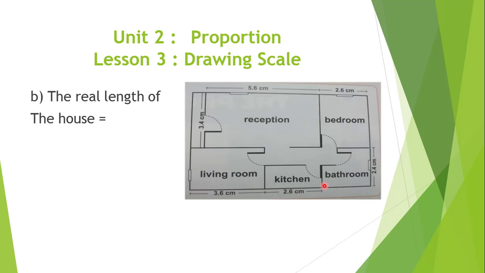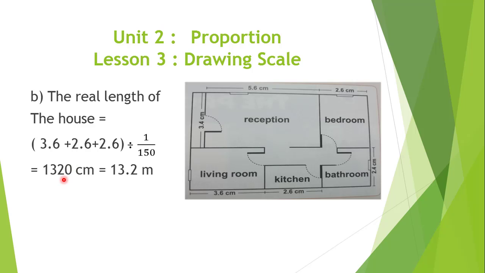Okay, look at this line. This is the length of the house, 3.6 plus 2.6 plus 2.6. But this is the drawing length. I want the real length, so divide by 100. Divide by drawing scale, which is 1 over 150. It will be 13.2 meters.